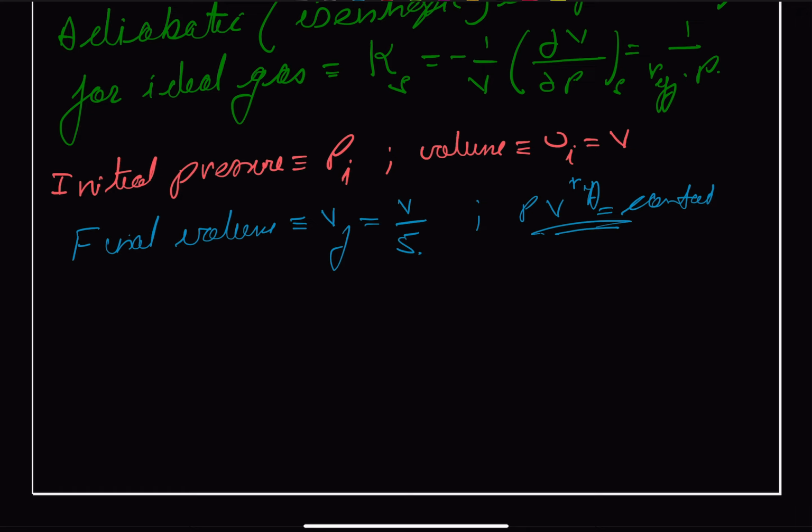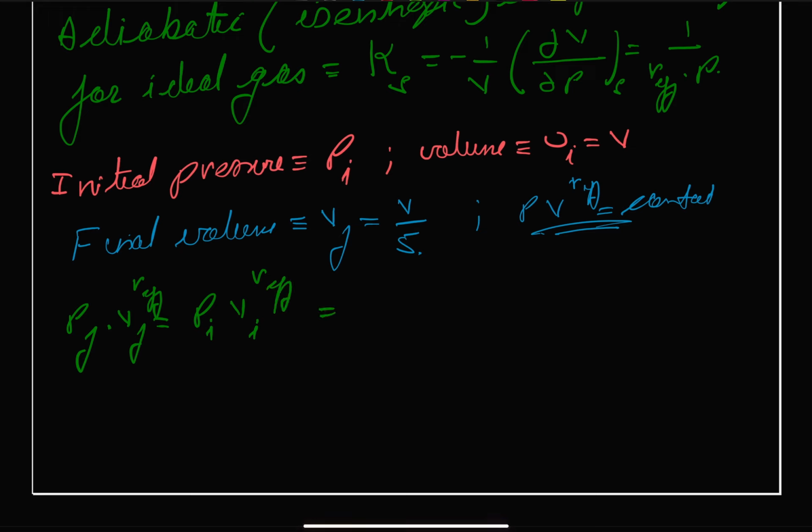Therefore, we can write that P final V final raised to power gamma effective is equal to P initial V initial raised to power gamma effective.